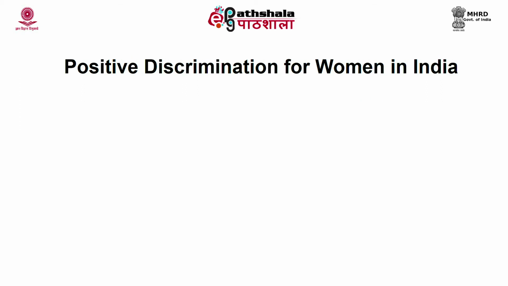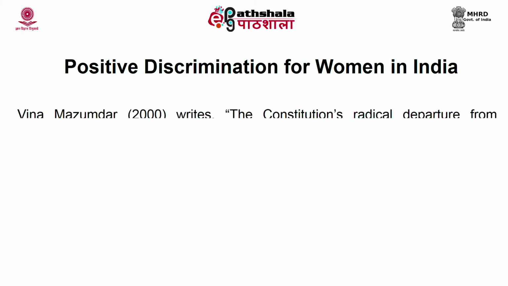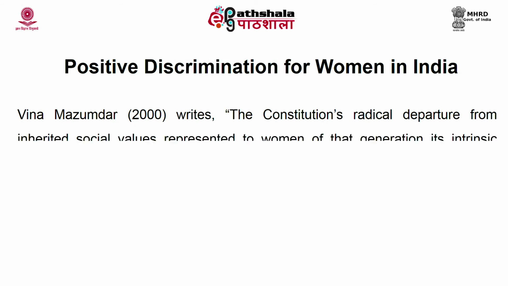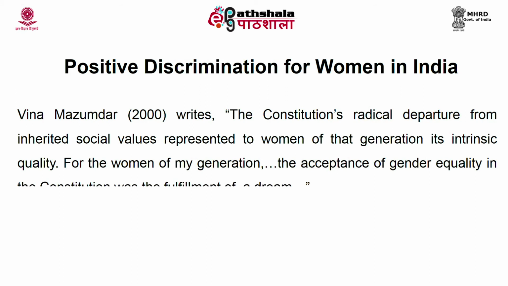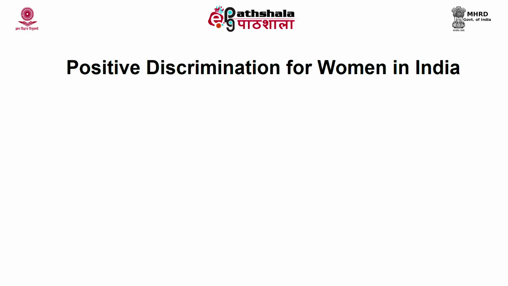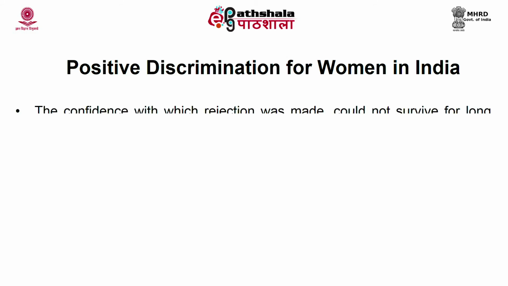Further, as Veena Majumdar writes, quote, "The Constitution's radical departure from inherited social values represented to women of that generation its intrinsic quality. For the women of my generation, the acceptance of gender equality in the Constitution was the fulfillment of a dream." However, the confidence with which this rejection was made and the pleasure with which the provision of gender equality in the Constitution was embraced could not survive for long.